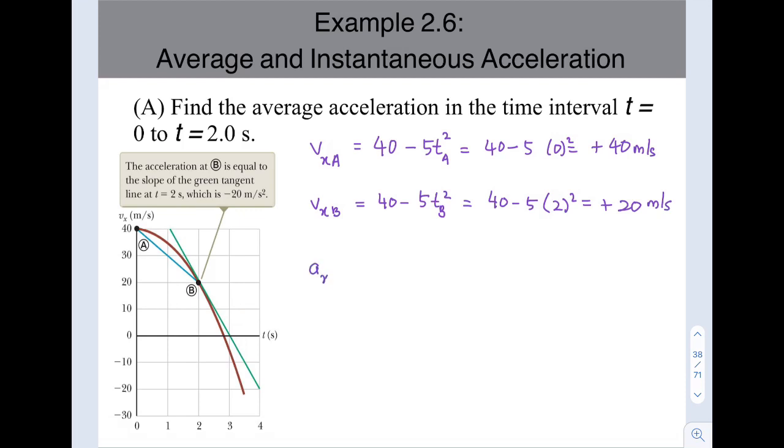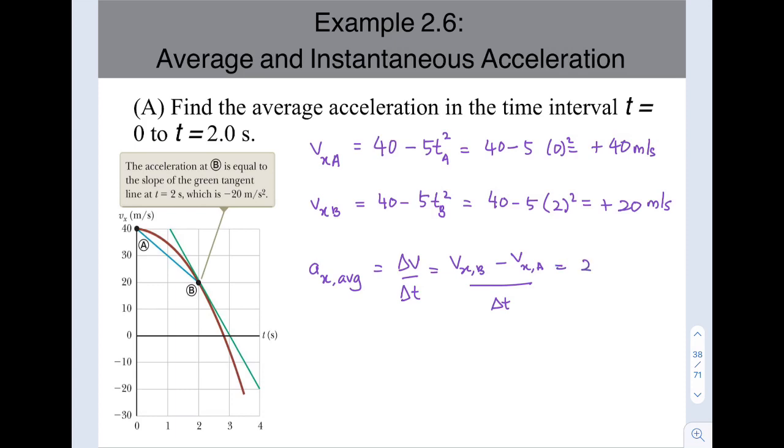Okay, to get the average acceleration along the x-axis, it must be delta V over delta T. So which V? V along X at the final position B minus V along X at the initial position A, over the time taken.